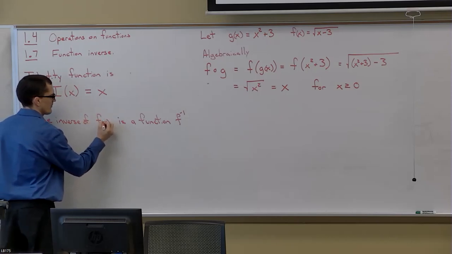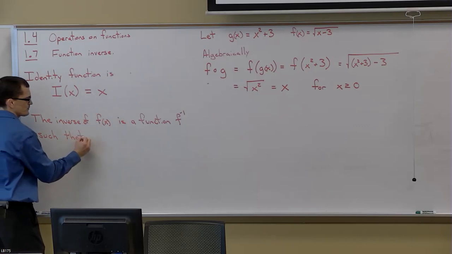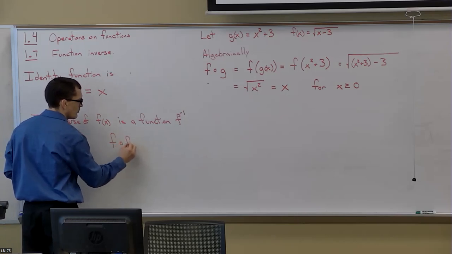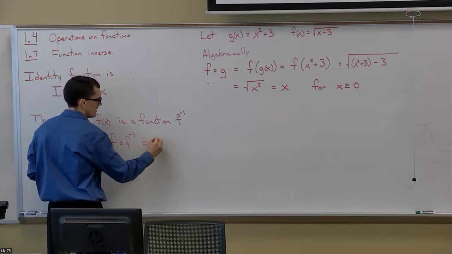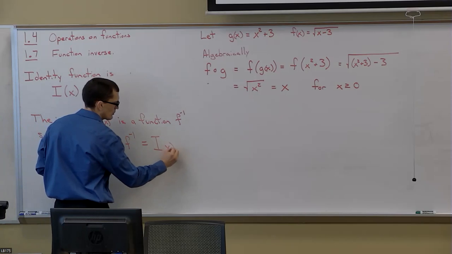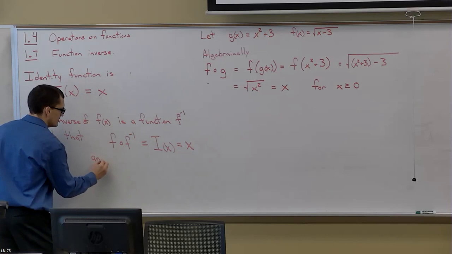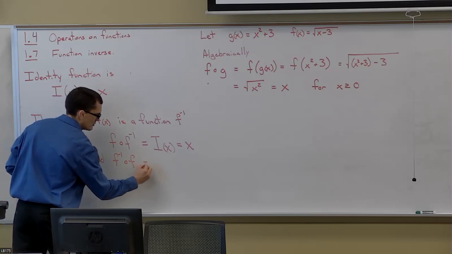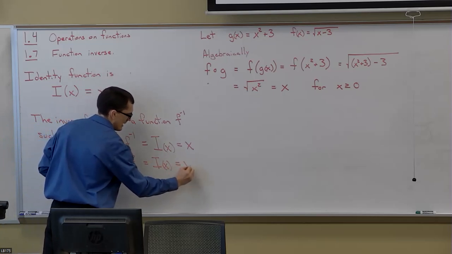The inverse of f of x is a function such that when you compose f with f inverse, you get back the identity function, or you just get back an x. And you also need the other way. So if you compose it the other way, you get back the identity function, or you get back an x.